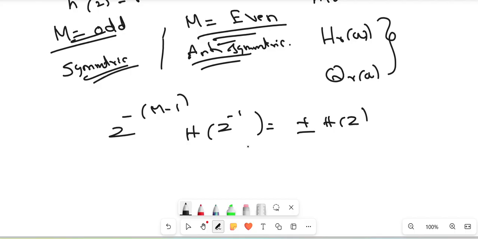This result implies that the roots of the polynomial H of z are identical to the roots of the polynomial H of z inverse. In other words, if z1 is a root or zero of H of z, then 1 by z1 is also a root. That is the condition for this one.